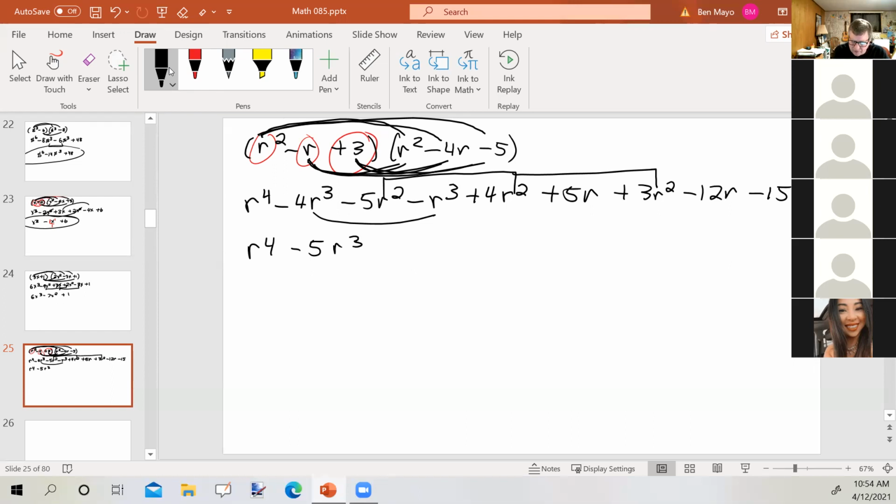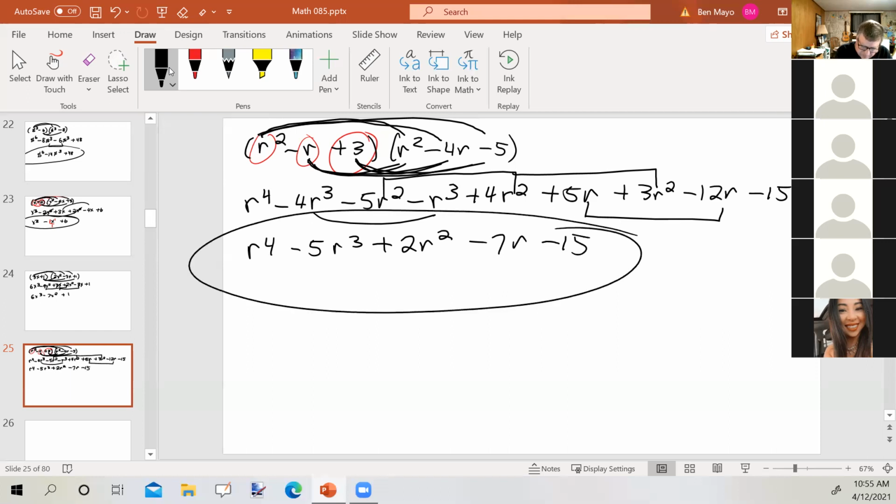So minus 5 plus 4 is minus 1. Minus 1 plus 3 is plus 2. So I've got plus 2r squared. And then 5r minus 12r is minus 7r. And finally, minus 15. Okay. Any questions there?